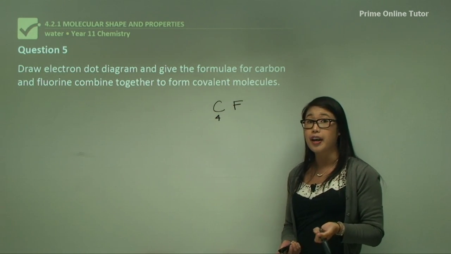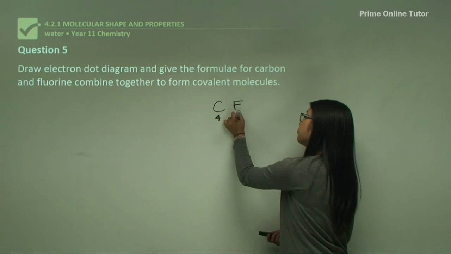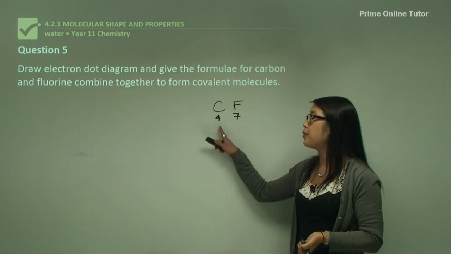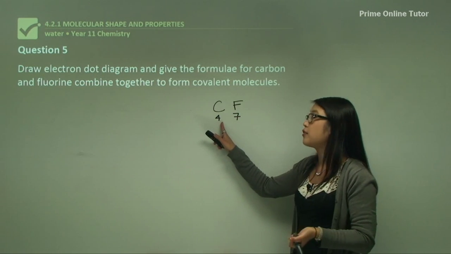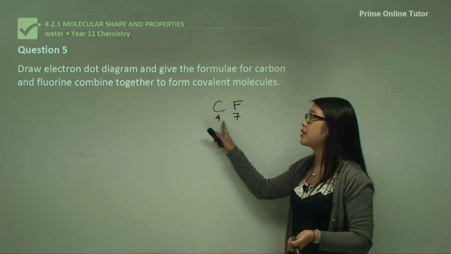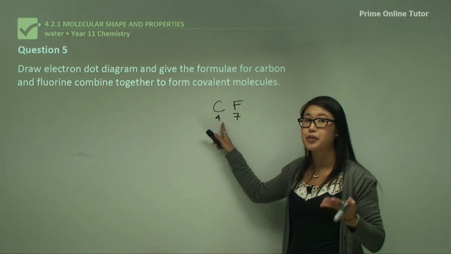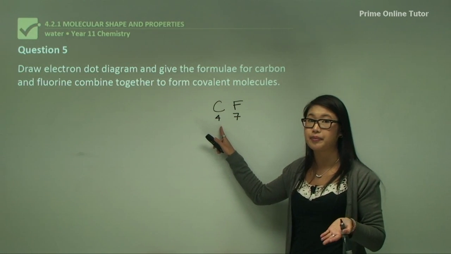The fluorine should have 7. Because the outermost shell of carbon has 4, it means that it can bond 4 times to make 8 electrons in its outermost shell.